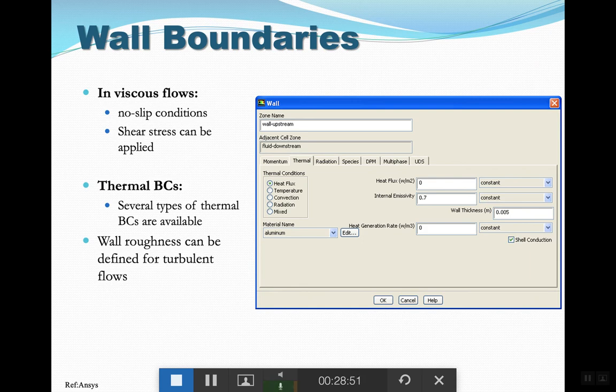The next type, which is arguably the most common, most useful, most used type of boundary condition, is the wall boundary condition. In the wall boundary condition, you're providing two types of information: momentum conditions and thermal conditions.